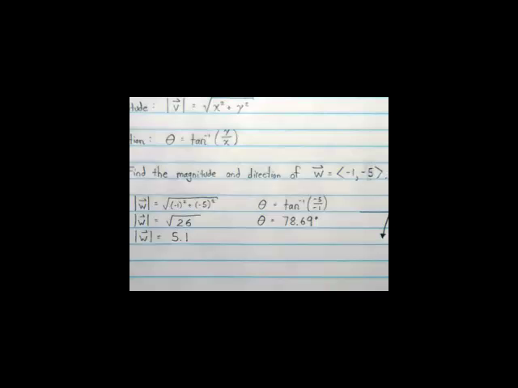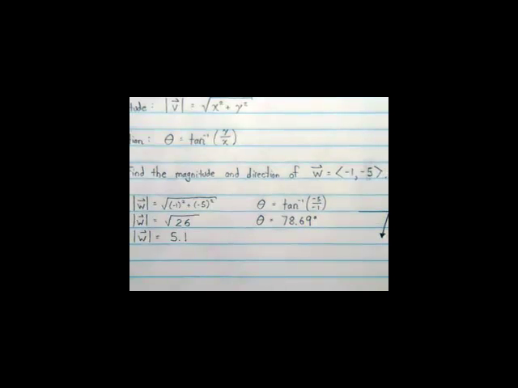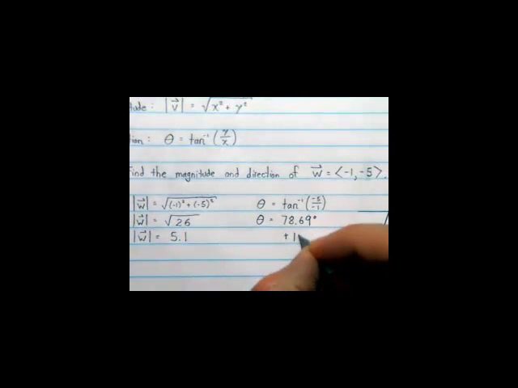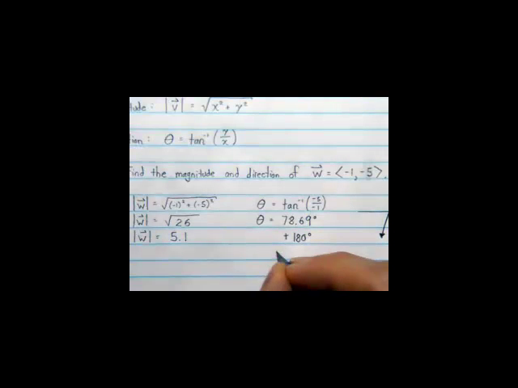There's your 78.69. So do you see how I'm off by 180 degrees there? I have to rotate it. So, if this happens, you need to add 180 degrees to it. So it's actually 78.69 plus 180. It's actually 258.69 degrees.